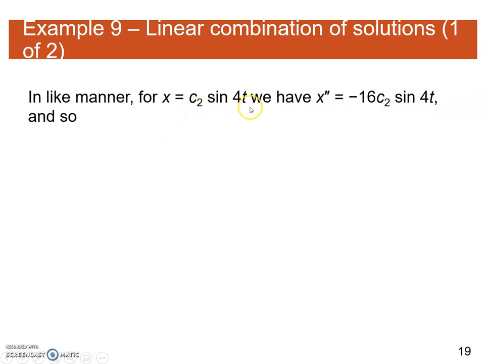From sine, the first derivative will be cosine, and the second derivative will be minus sine. I did not show the first derivative, so you can take this derivative even in your head. You may be very used to taking these derivatives, but I think it's always better to show all steps whenever you submit your assignments and exams.